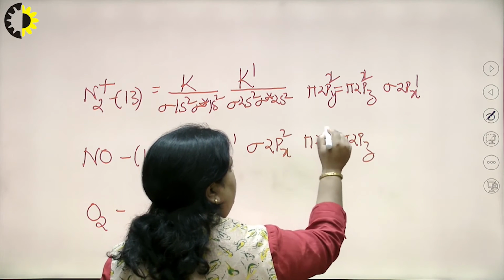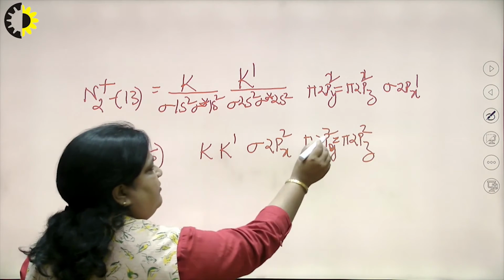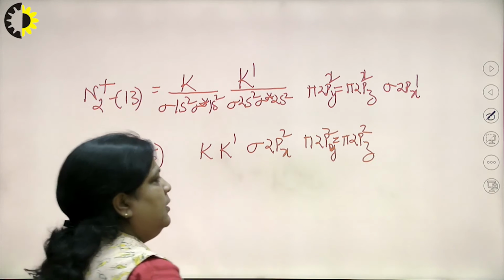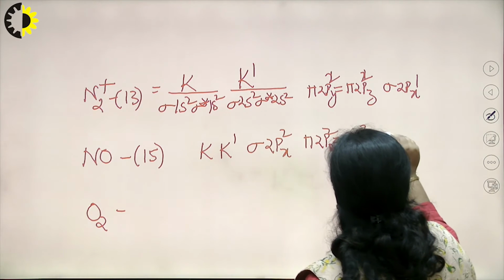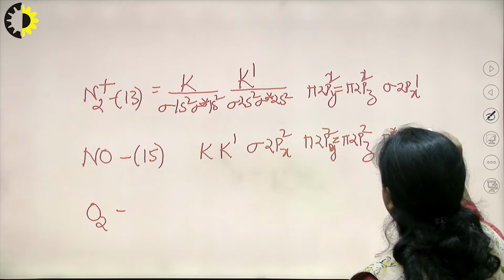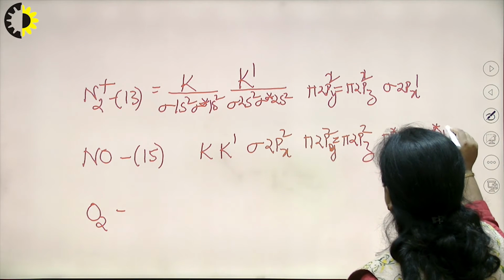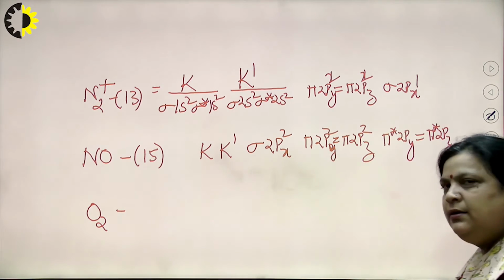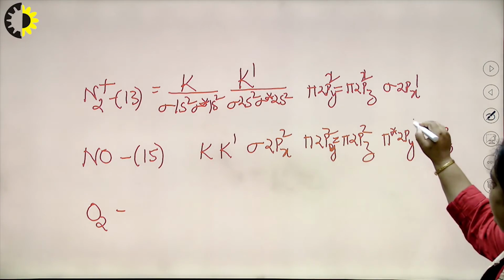So, 2, 2, 2, 8, 9, 10, 11, 12, 13, 14, but we have to fill 15 electrons. So, the last electron will enter in anti-bonding, and in the case of anti-bonding, first pi star and then sigma star. So, there will be 1.